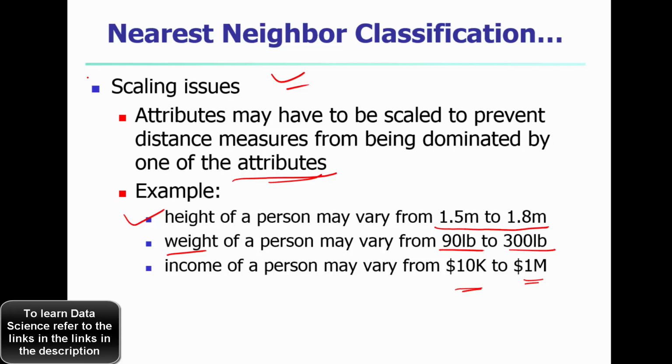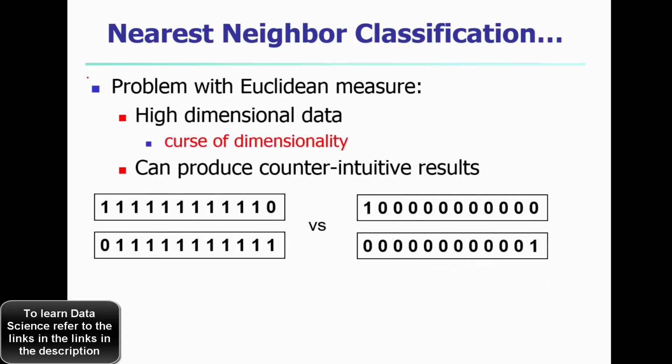That would give you dominance by one or a couple of attributes, and some of these attributes will not have any impact in your model or in estimation, and that would be a problem. So it is always good to standardize and normalize.